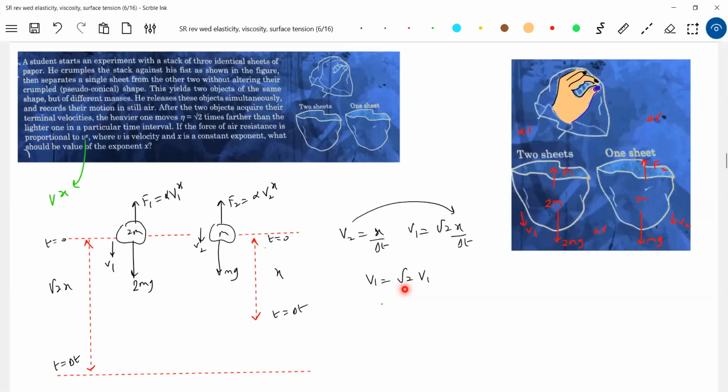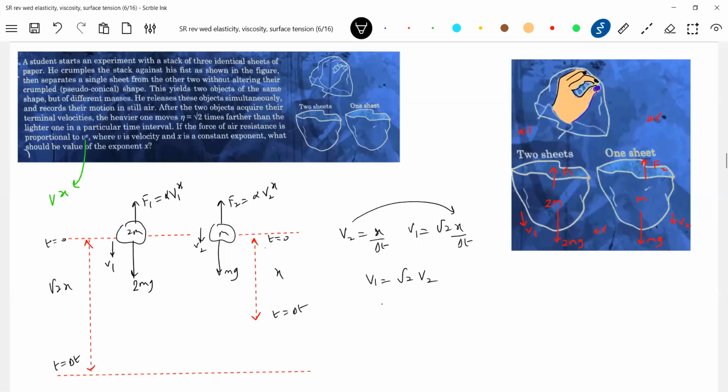Okay, till here the relation between V1 and V2. And both are moving with their terminal speed. So any relation between them, can we bring it here? Look at the first diagram, second diagram. F2, alpha V2 to the power of x is equal to mg, and F1, alpha V1 to the power of x equal to 2mg.